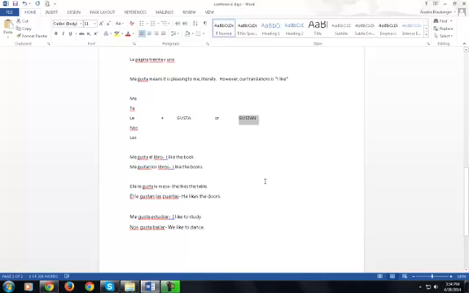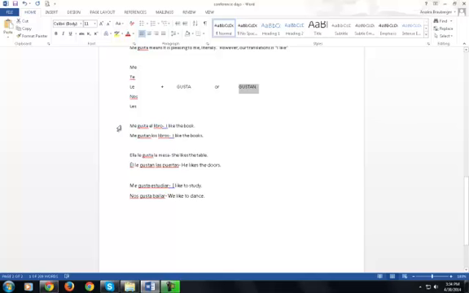Let's look at an example to have it make any sense at all. If I say, me gusta el libro, it is pleasing to me, the book. But if I have more than one libro, I would say, me gustan los libros. They are pleasing to me, the books.